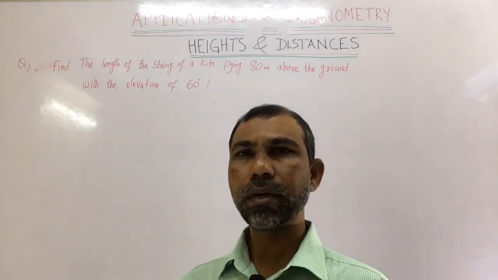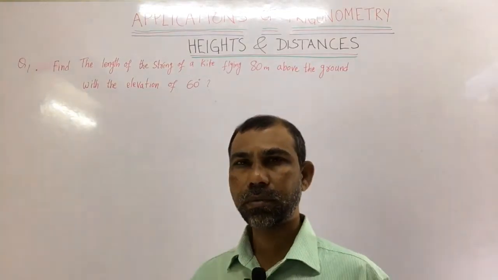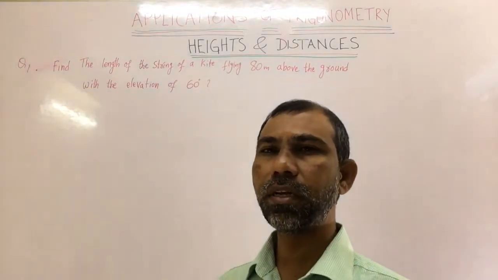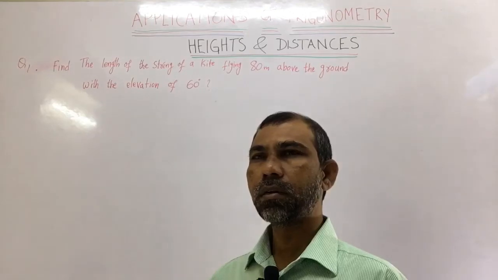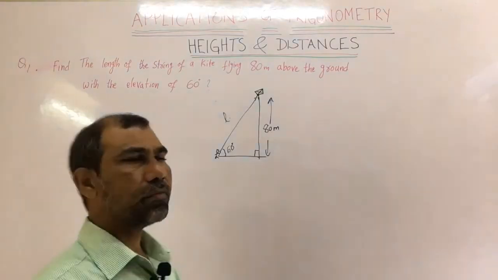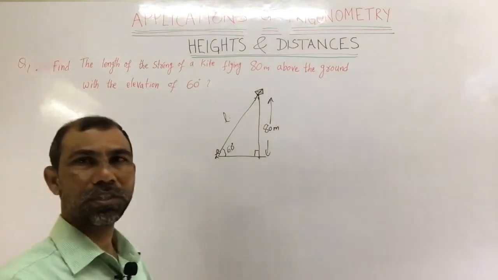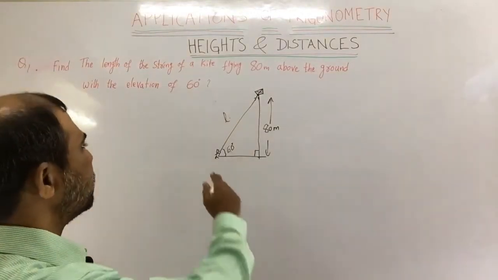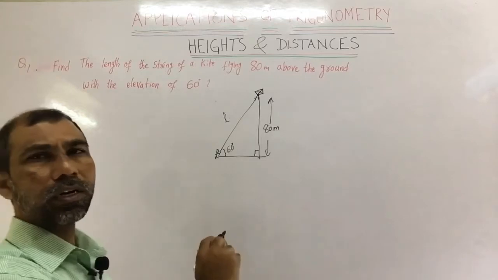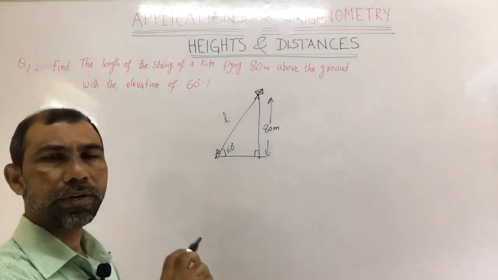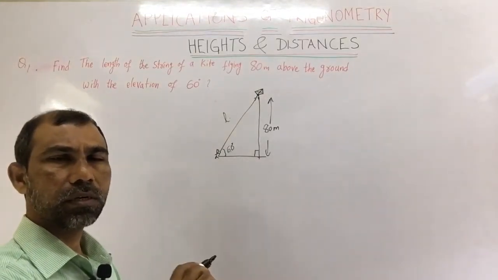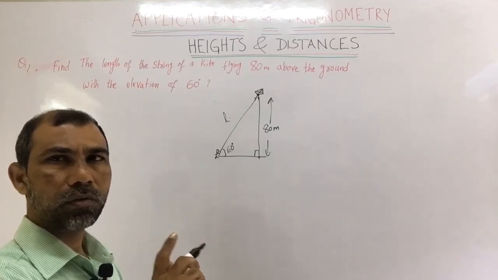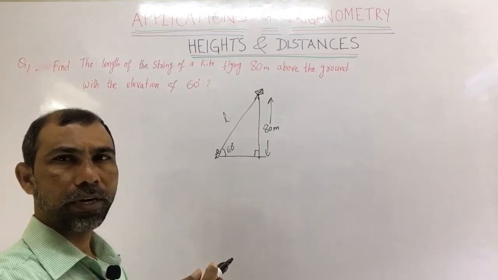Check the details from the question, write them, and after that you can solve the question. So, here we have drawn the figure related to the question, and now what you need to do is solve for L. In order to solve these kinds of questions, you need to take the trigonometric function where you know one quantity, the known quantity, and another unknown quantity.